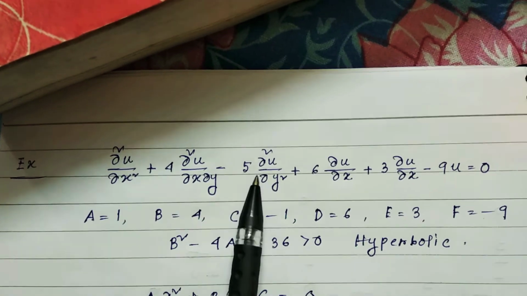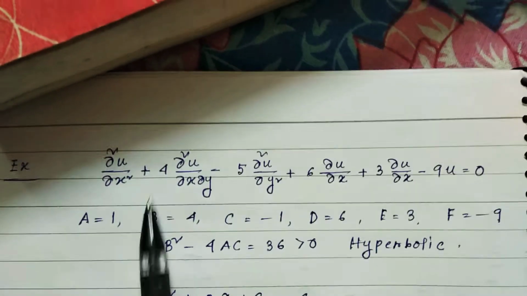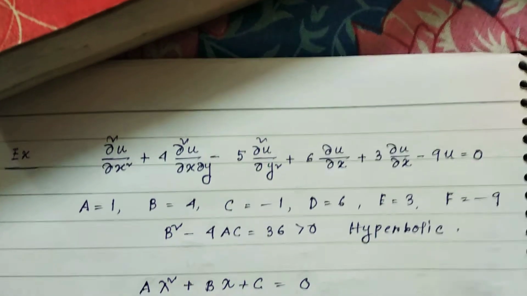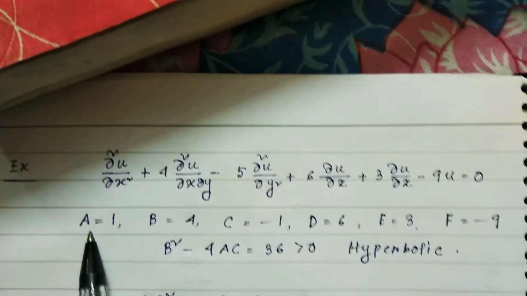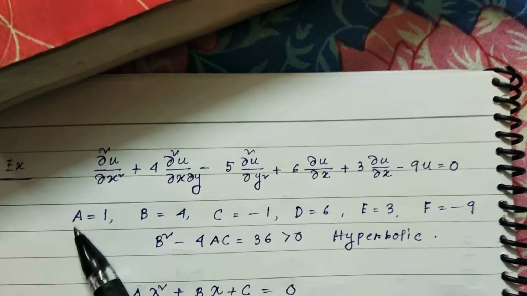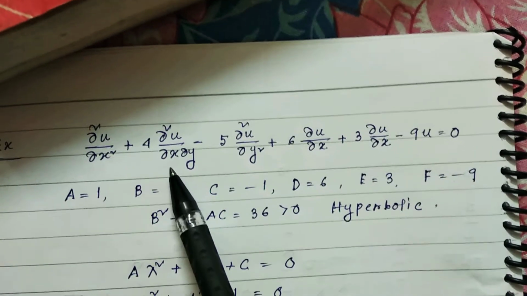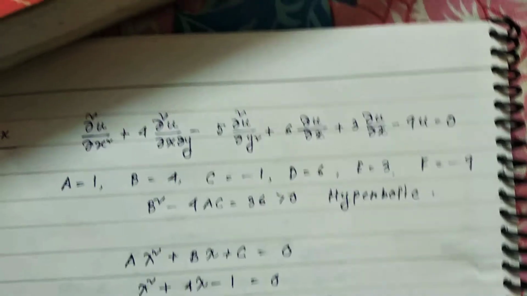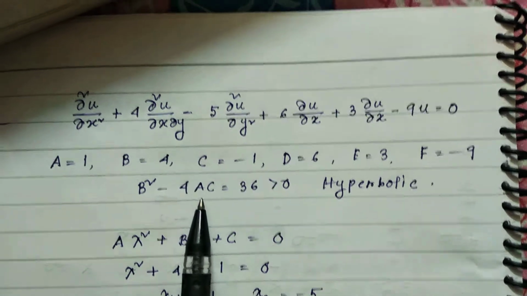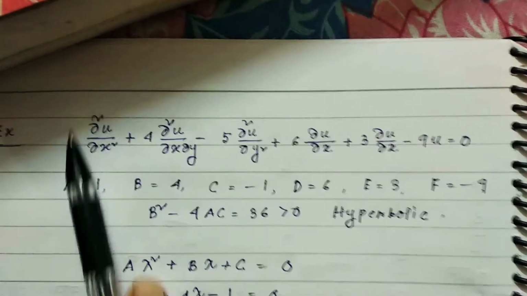These terms may be haphazard, but you must know what a represents, what b represents, what c represents. a is the coefficient of del 2 del x2, b is the coefficient of del 2 del x del y, and like this. So if you calculate b square minus 4ac, you will get 36. This is greater than 0, so the equation is hyperbolic.